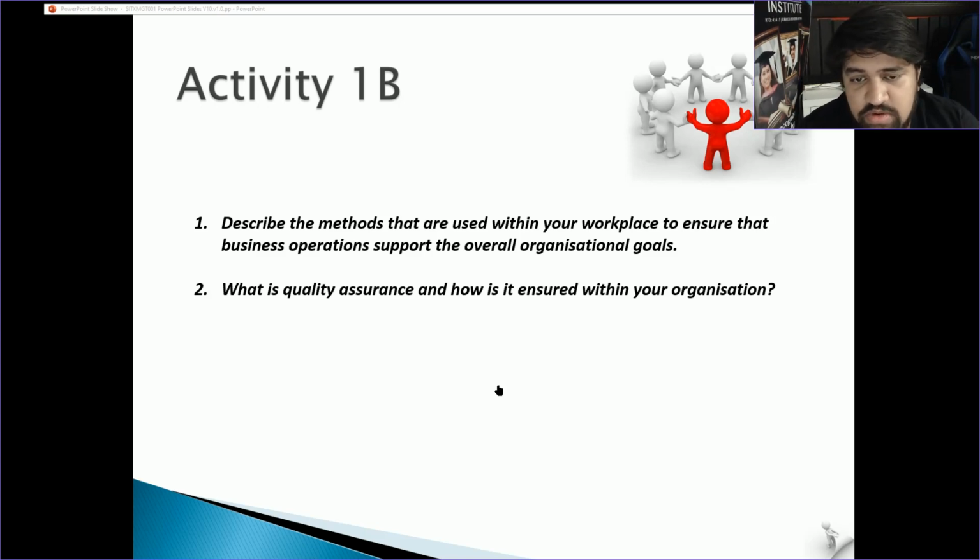Number 2, what is quality assurance and how is it ensured within your organization?